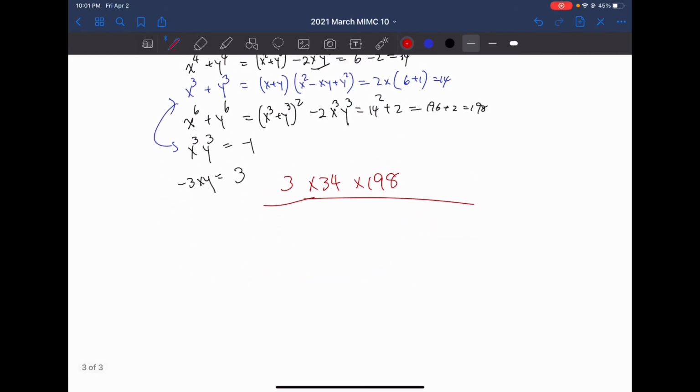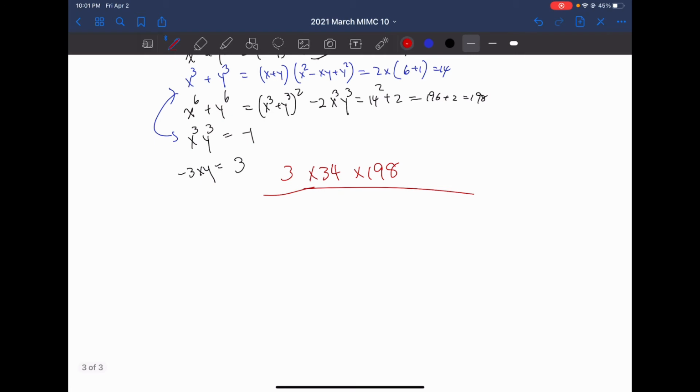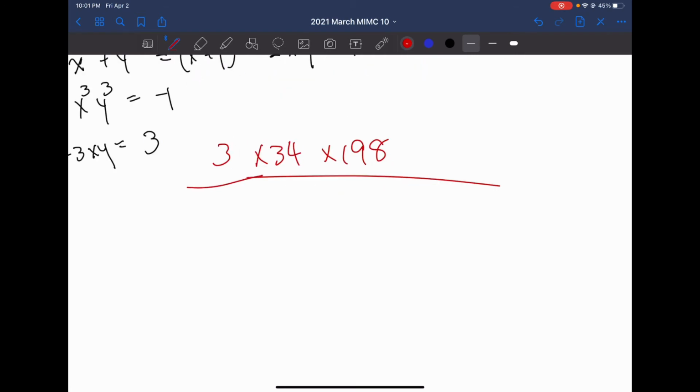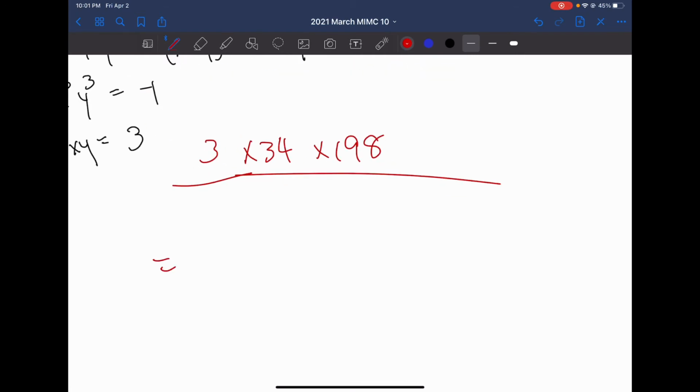This is a pretty bashy expression, but we can simplify this as far as possible before we actually have to calculate it. So that's 3, 4, that's 12, 102, that's not so bad, times 198. So there are 2 approaches you can take over here. Oh, there's no over 2 anymore because they've canceled out.